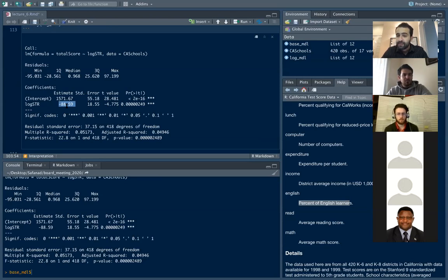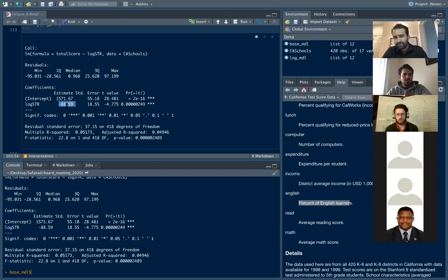Okay. So what that means is if there is a 10% increase in the classroom size or a 10% increase in the student to teacher ratio, that's going to lead to a drop of 8 points. Whenever you're reporting your statistics and your research, you want to come up with a magnitude that makes sense, right? You don't want to say, oh yeah, a 1% change leads to a 0.8 unit drop in test score.